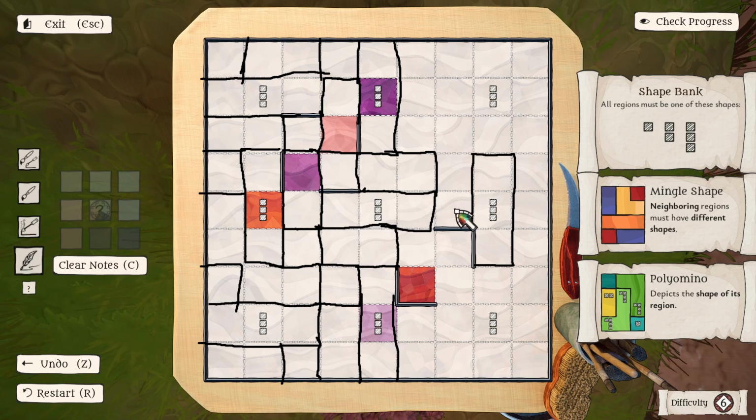This, if it was anything more than a 1, would touch this 2, and it's touching this 3. So it has to only be a 1. Now this one is touching the 2 and the 3, so it's a 1, and those are touching. Ooh, okay.